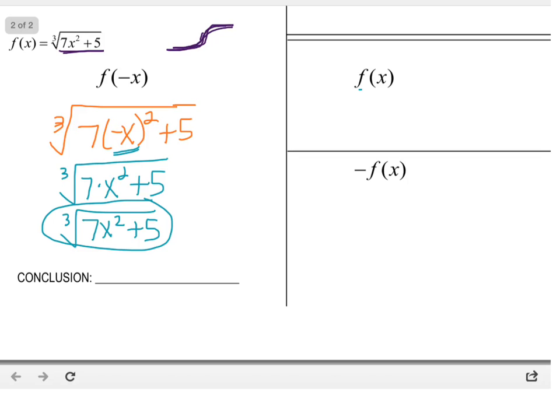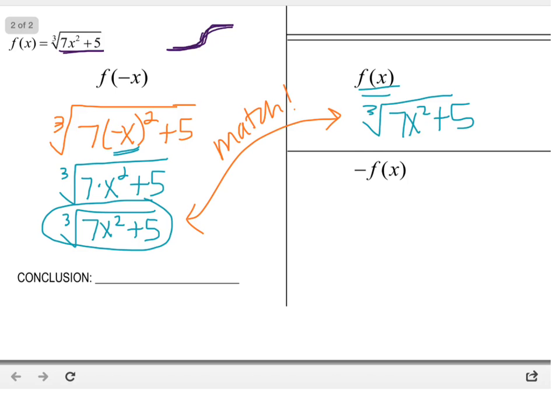If I go over here and recopy the original function, cube root of 7x squared plus 5, and look at these two together, would you look at that? They match. So this graph is actually even.